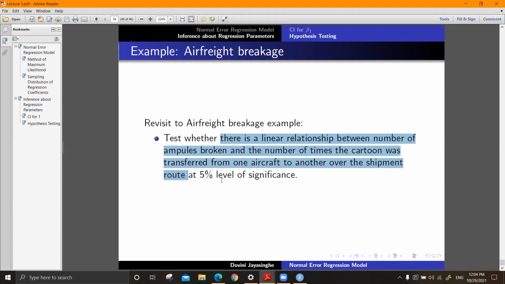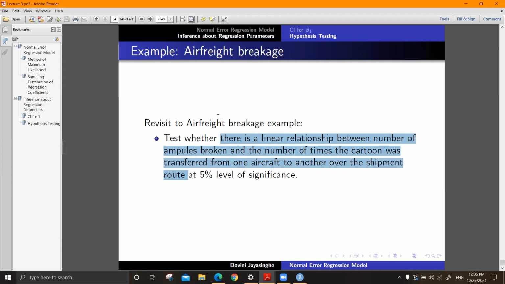So what if H0 is not rejected? If H0 is accepted, we should say there is no linear relationship, and so on, up to here. Okay, it's easy to repeat the question as it is, but make sure you make a clear statement. It should be clear. So this is the test statement. You have to say yes or no to this. Test whether this happens, yes or no, right? So that is how you write the conclusion.